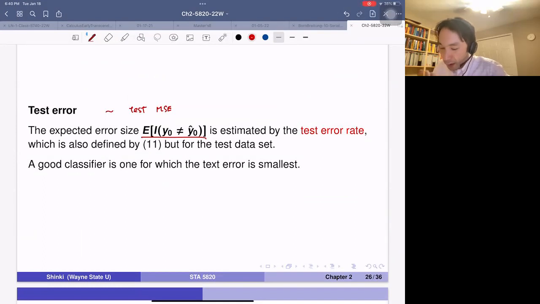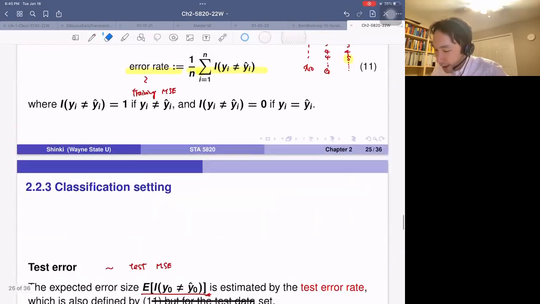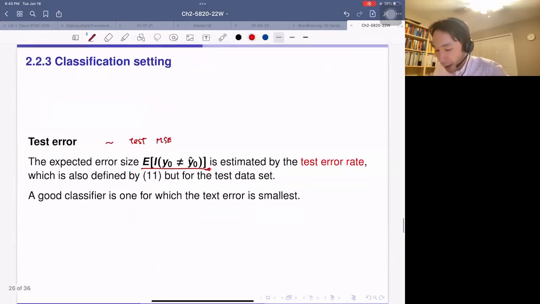To estimate the test error, basically we define the same quantity for the test data set. This is for the training data set, but if we calculate this for the test set, that is the test error rate, and it can be used in the same way as test MSE. So if we want a more accurate prediction model, we should use the test error rate.